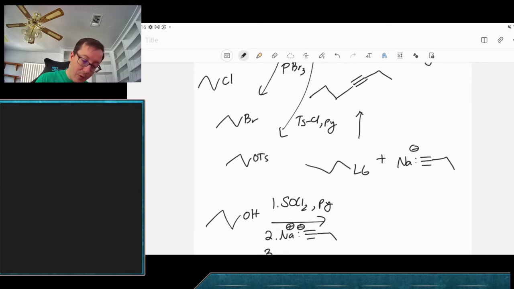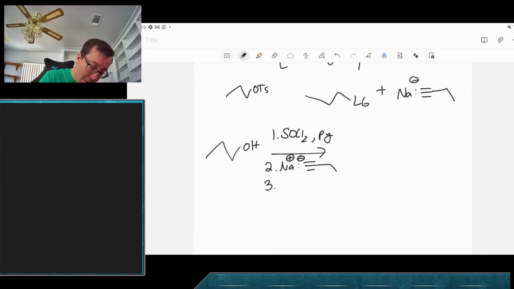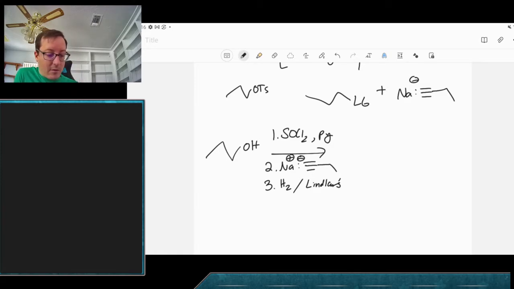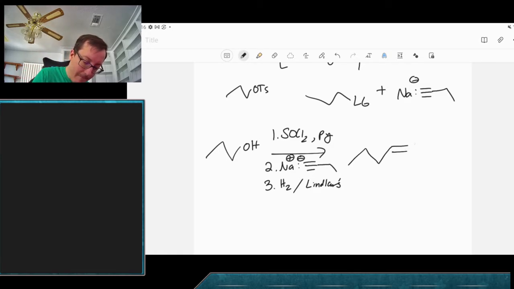After that, we're going to use our Lindlar's with our hydrogen gas, and we will end up with our cis alkene. The only way to make the cis alkene as the major product is from an alkyne and Lindlar's.